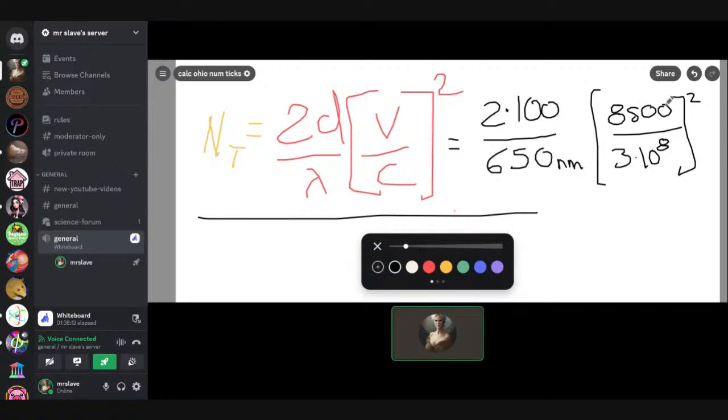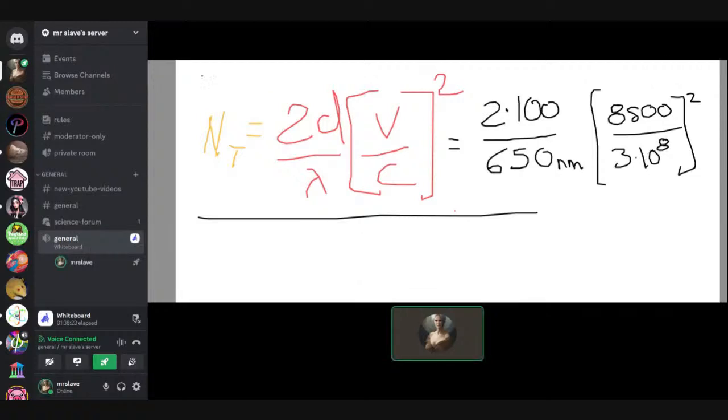So this is 8,500 divided by 3 times 10 to the 8th.